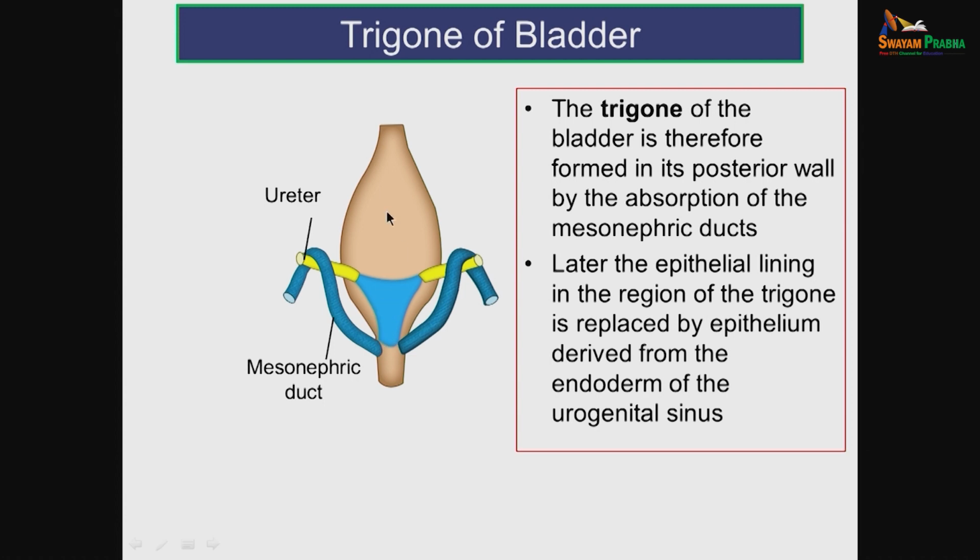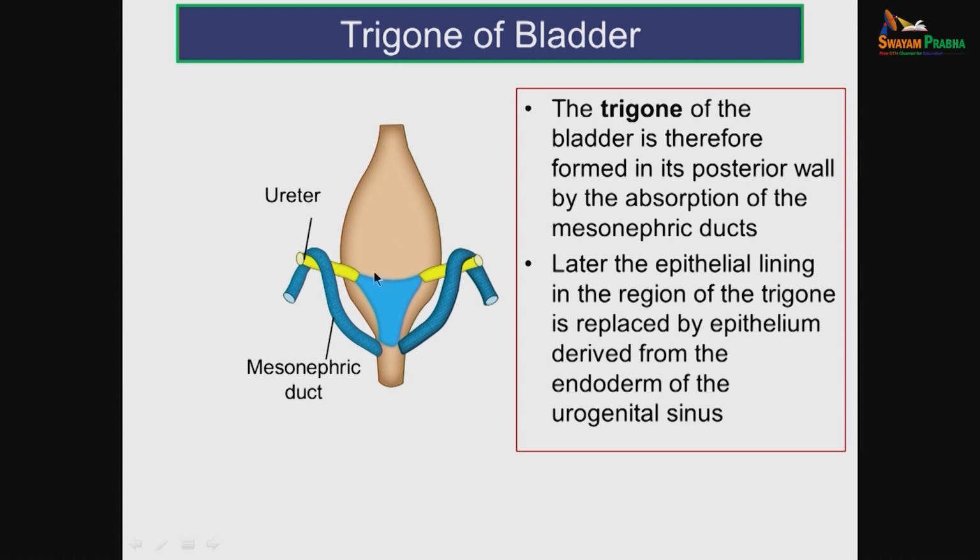I have already mentioned about the development of bladder. It is from the cranial part of the vesico-urethral canal. It is endodermal in origin. Later, the epithelial lining in the region of trigone is going to be replaced by the epithelium derived from the endoderm of the vesico-urethral canal.